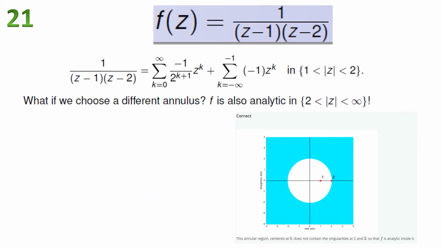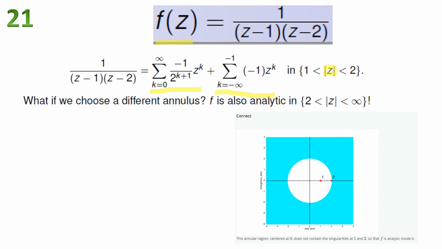So here we continue with the same function f of z is equal to 1 upon z minus 1 into z minus 2, and we have written the series for this function as two components in the range 1 to 2 for mod of z.